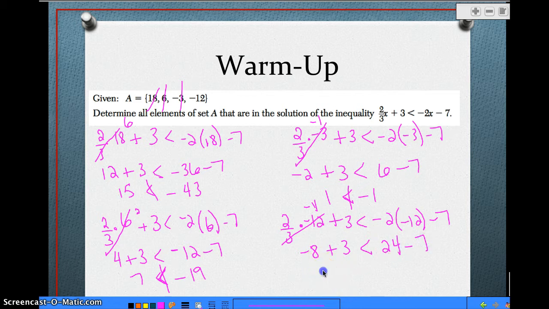Negative 8 plus 3 is negative 5, is less than 24 minus 7, which is 17. Is negative 5 less than 17? Yes, it is. So the only one of those elements that is a solution would be negative 12.